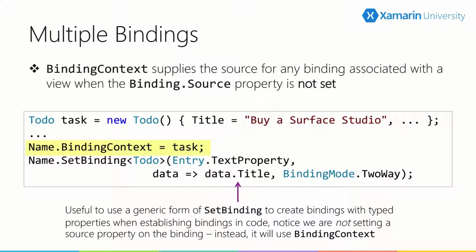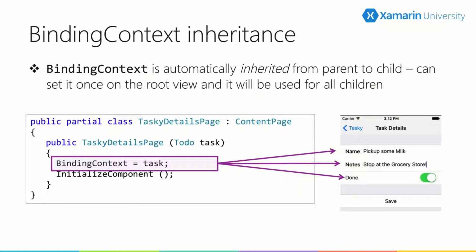There's a thing about binding context which I haven't told you yet. That is that binding context will be inherited from parent to child elements in your UI hierarchy. Which means if you are using any UI element and you have a binding assigned to it, and you do not specify a source explicitly, it will walk up the UI hierarchy until it finds a binding context.